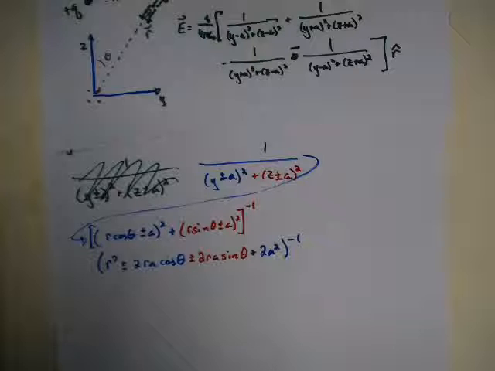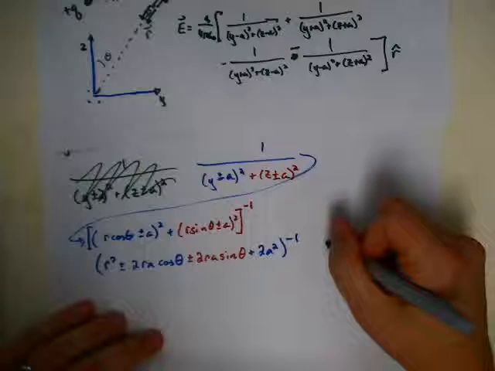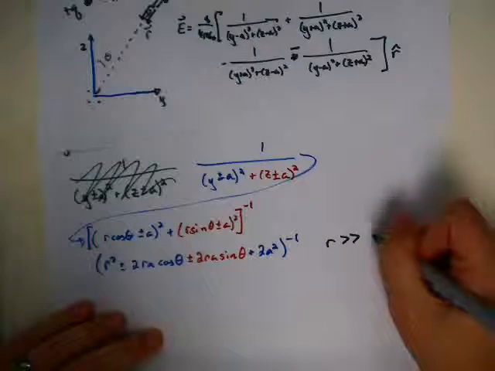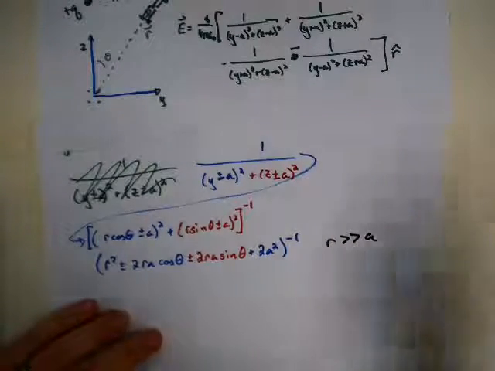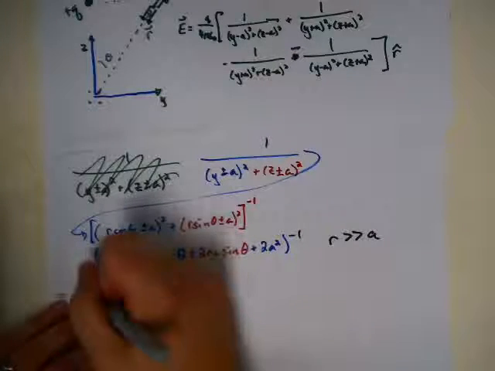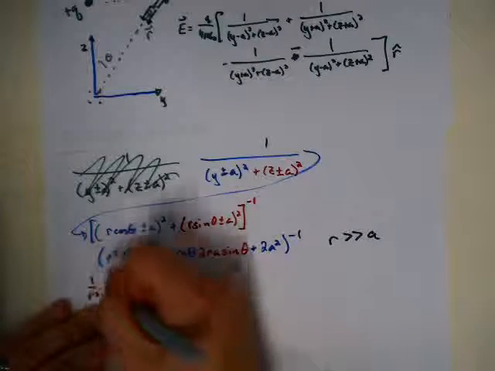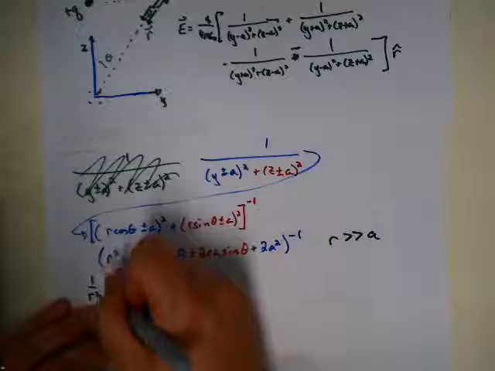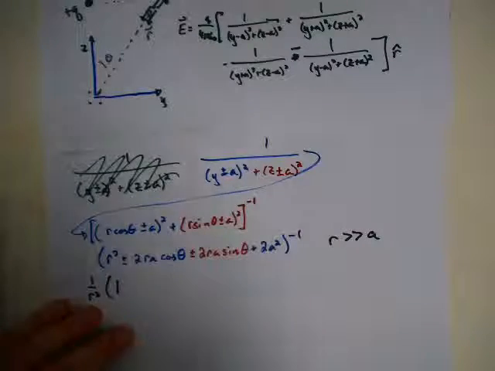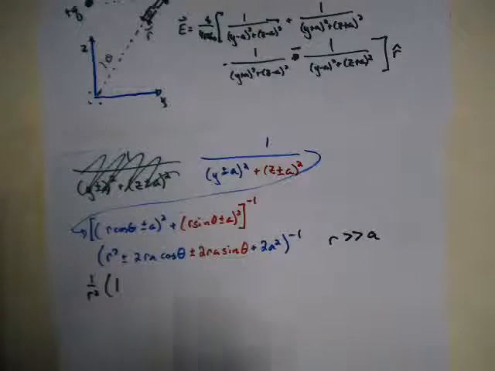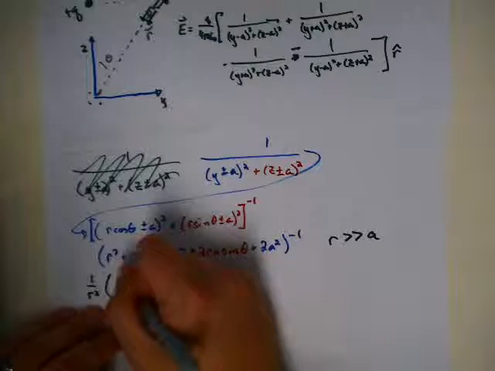At this point, we want to make this statement. We know that the radius is much, much bigger than a. And so we're going to factor that out. And so this thing is equal to 1 over r squared. And then it's going to be 1. And now we're going to be a little interesting here.